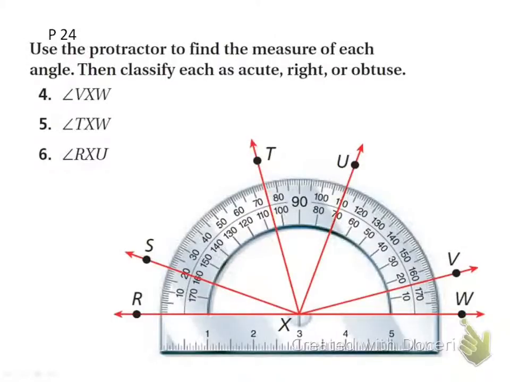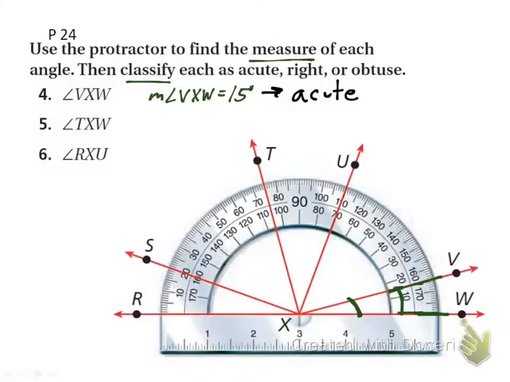Okay, next we have here a protractor, and we're asked to find the measures of these angles and to classify them as acute, right, or obtuse. So let's take a look at the first one. We get 15 degrees for the first one down here, this angle here, and that's acute.